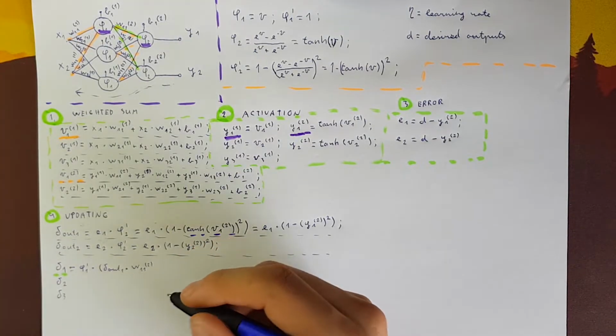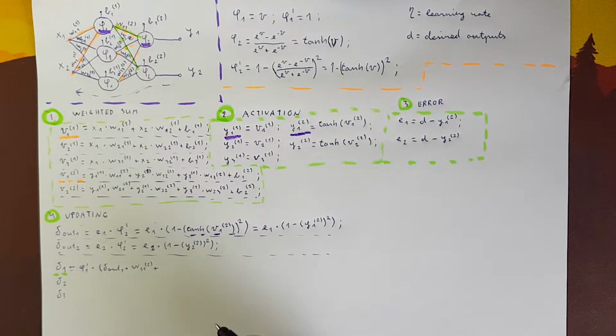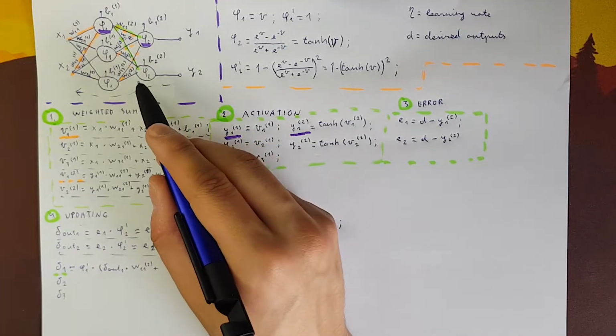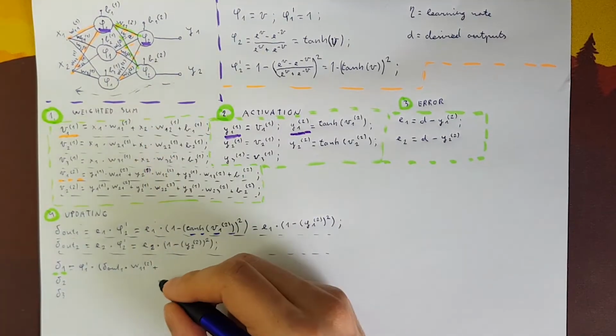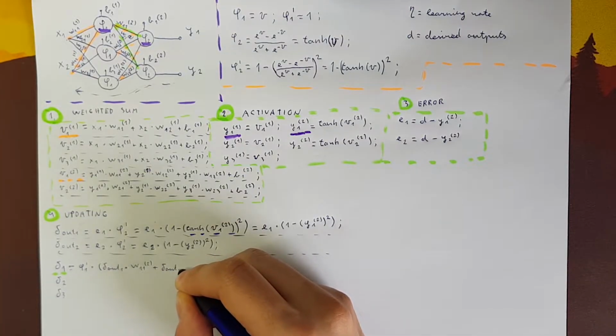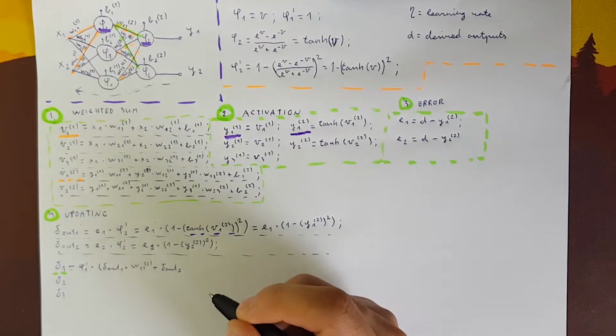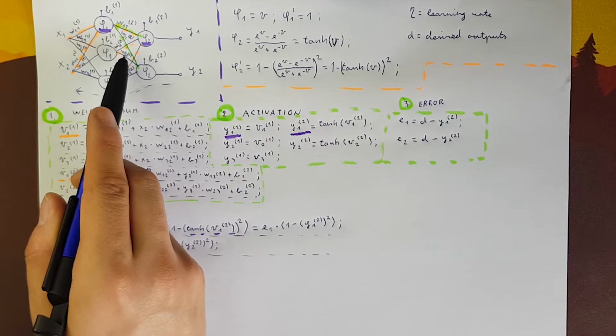of the second layer, and it is the sum of the delta out 2, which is the second neuron from the second layer, delta out 2, multiplied by the corresponding weight.